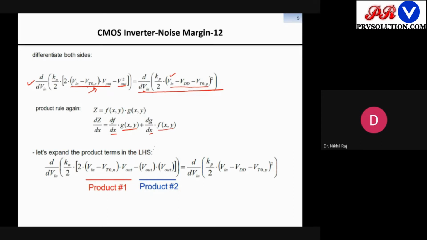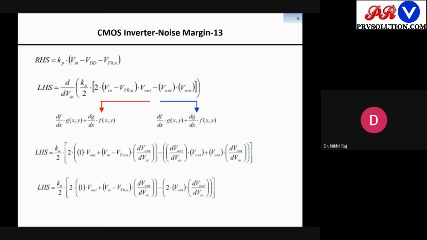So let us expand the LHS term. This is product one, and this is also product two because it is in a square form. And what about the RHS? In RHS only the V in term is there, no V out, so a simple derivation exists for the RHS part.